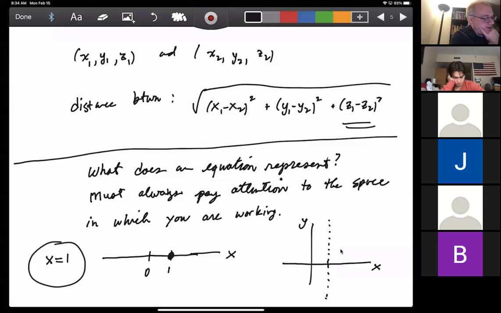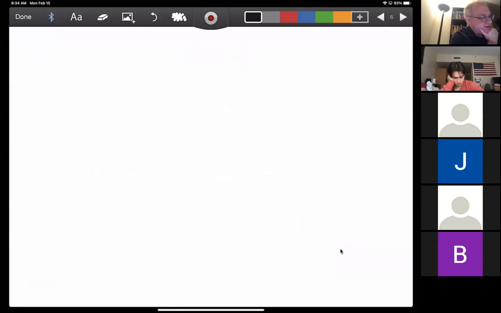If that's all you have, then y should be unrestricted. And in fact, x equals 1 would correspond to a line in two-dimensional space. And in three-dimensional space, x equals 1 would actually represent a plane parallel to the YZ coordinate plane, but 1 unit in front.